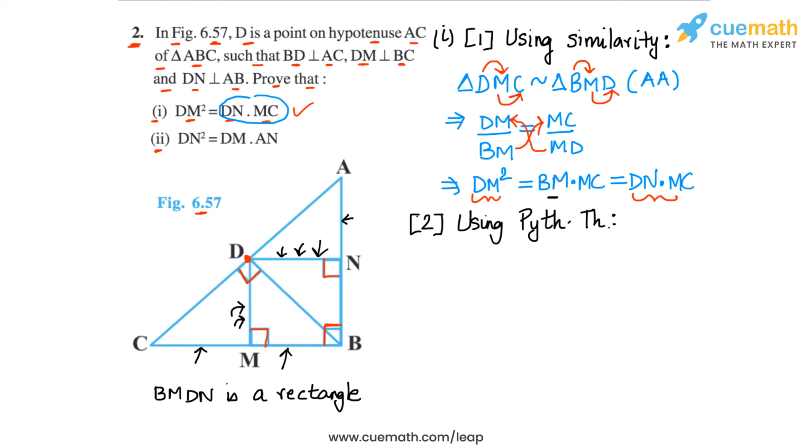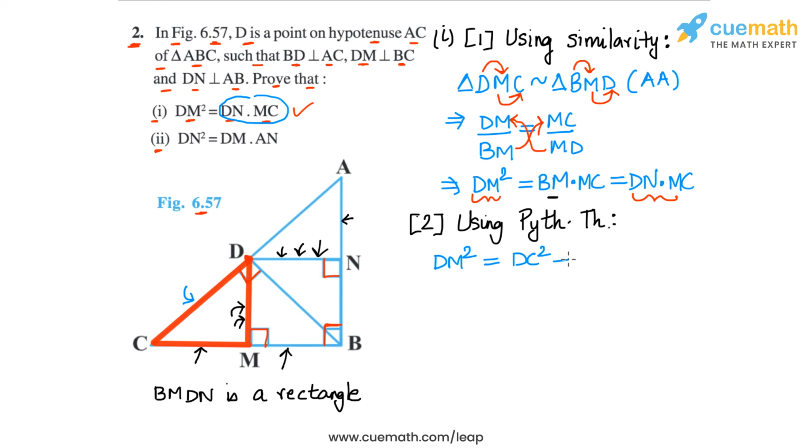So let's start with DM square, and let's consider the triangle DMC. In triangle DMC, if you apply the Pythagoras theorem, you can write DM square as DC square. DC is the hypotenuse, this side DC.